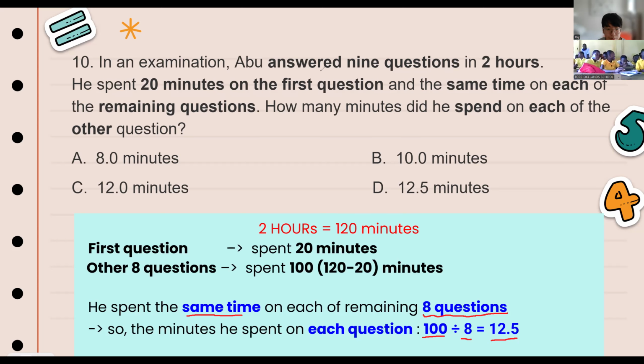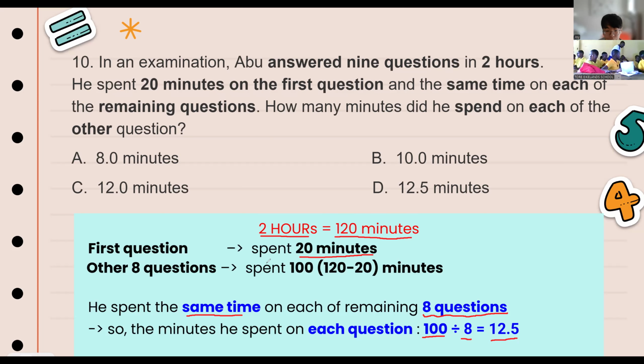So Abu answered 9 questions in 2 hours. So he had 2 hours in total. And 2 hours is 120 minutes, right? Because 1 hour is 60 minutes. 2 hours is 120 minutes. First question, he spent 20 minutes.